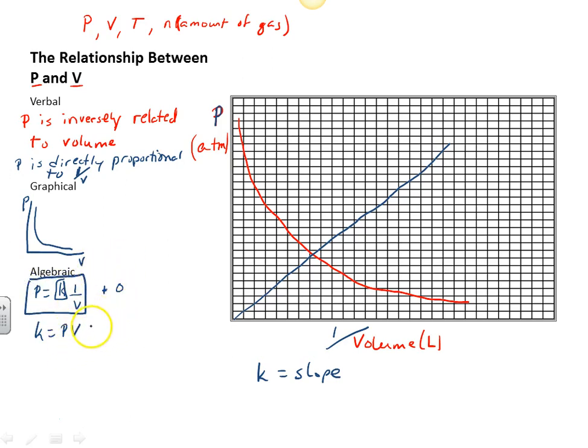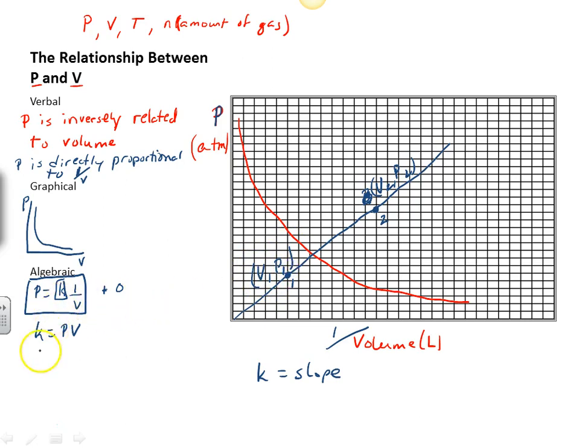The proportional relationship, though, which is probably the most important, will be looking at two points. We'll call this point 1 and this point 2. At point 2, we have volume 2, pressure 2, and at point 1, we have volume 1, pressure 1.